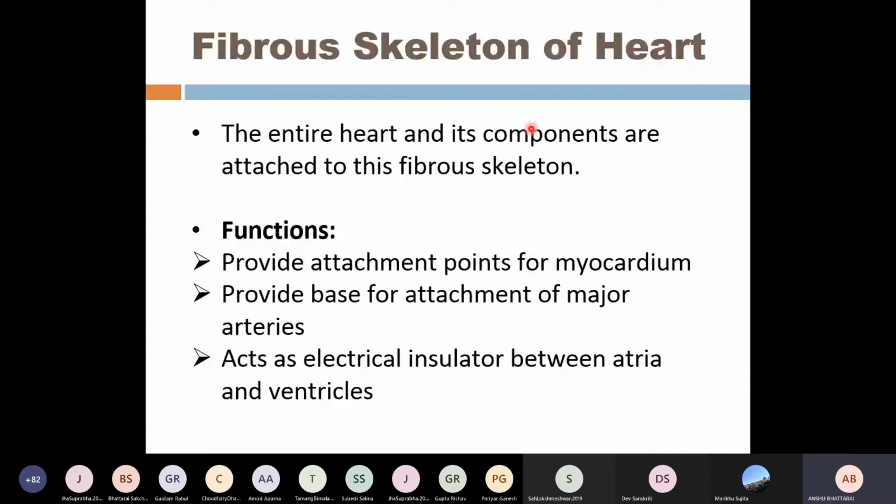As you will understand in the next class, the atria have to finish contracting first, and only then can the ventricles contract, because blood has to be pumped first from the atria to the ventricles. That is why there is a barrier between the atria and ventricles, and there is only one small conducting tissue known as the atrioventricular node, AV node, present between these two chambers. But you will learn more in detail about this later.